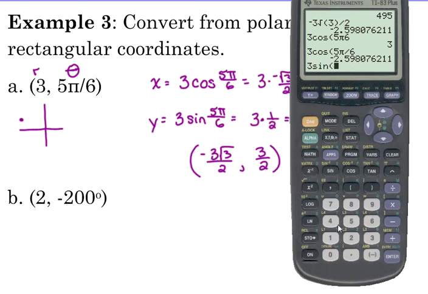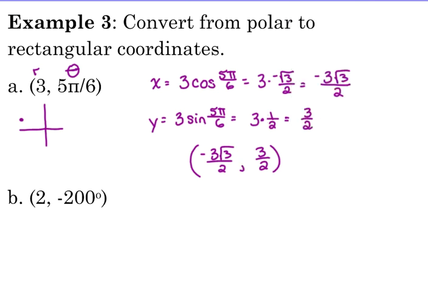And 3 sine of 5 pi over 6. But I do expect that when it is a point on the unit circle, you will use the exact values. I do not want decimal values when that is an angle from the unit circle.